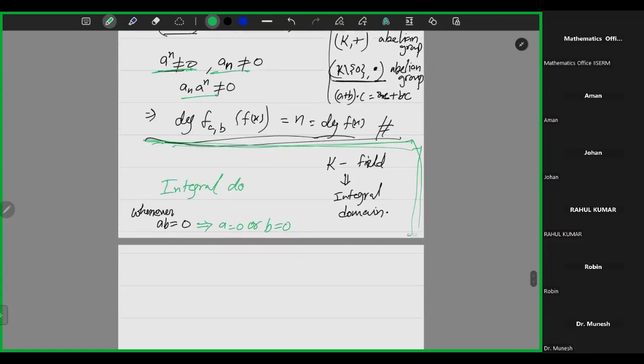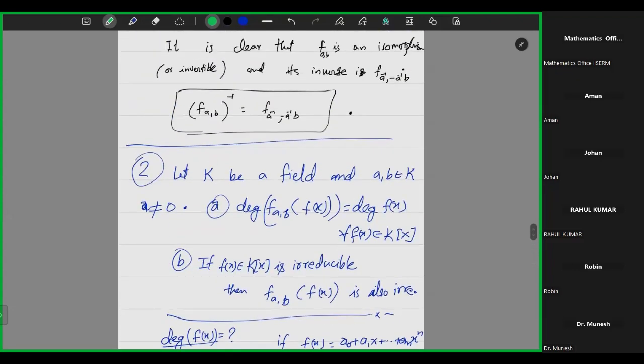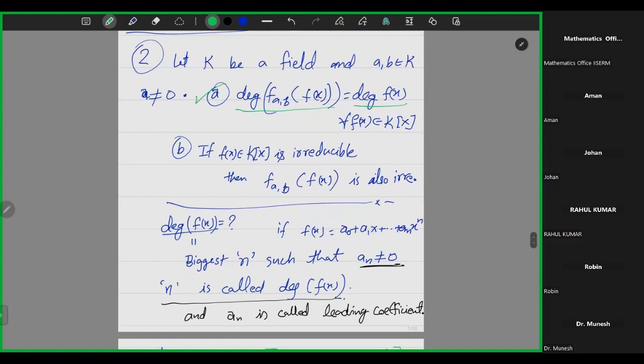So we calculated the first part of the question. This part is done: the degree of f_ab(x) is the same as the degree of f(x). Now we want to show that if f is an irreducible polynomial, then f_ab is irreducible. How to see this?